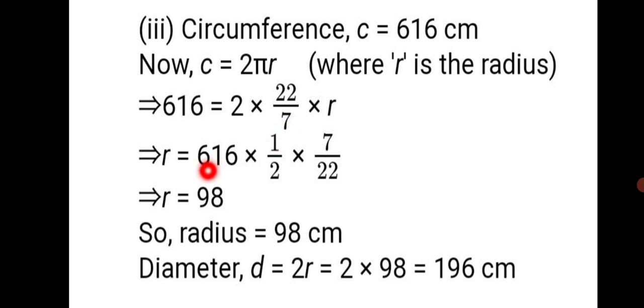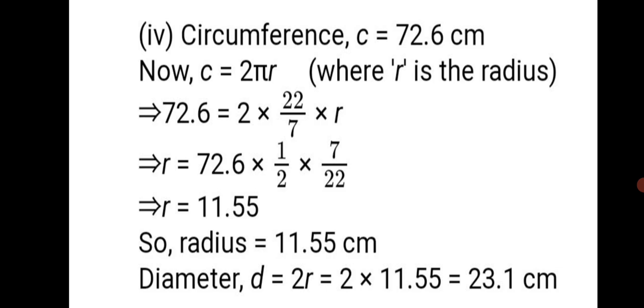So r will be equal to 616 multiplied by 7, cross multiply, and divided by 2 into 22. So r is equal to, when you calculate, you get 98. So if radius is 98, diameter is double, 2 times radius. So 2 into 98 is equal to 196 centimeter. So this way we have got our radius and diameter, which you can enter now into the table.